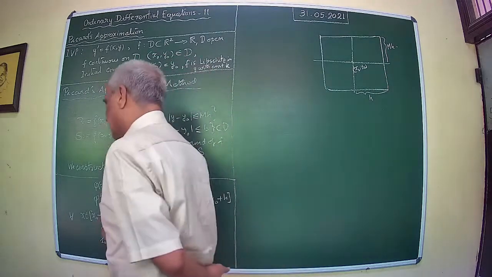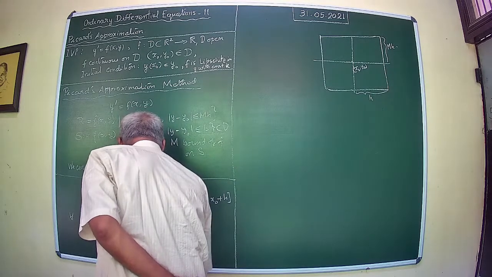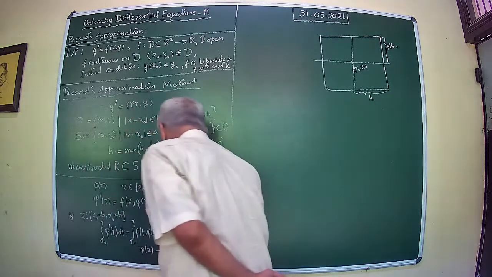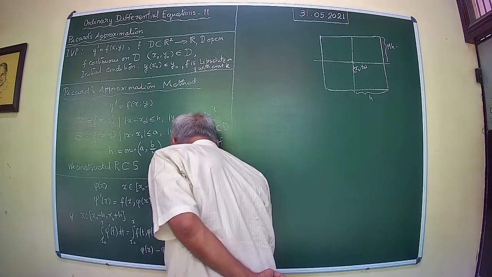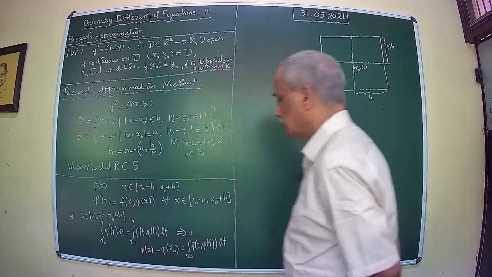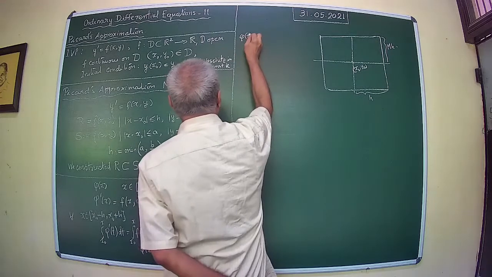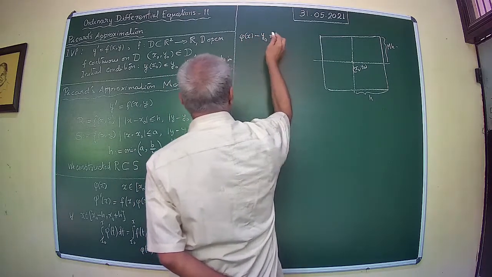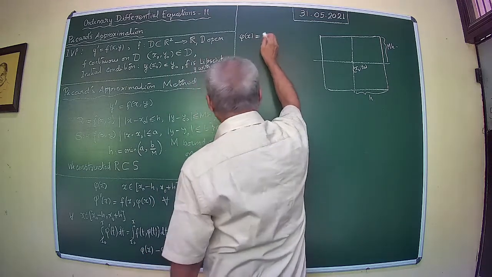Therefore, let us integrate this. Now this can be easily integrated. So this is going to be phi x minus phi x0, that is, we have phi x minus y naught, or phi x equal to y naught plus the integral, since phi x naught is y naught.